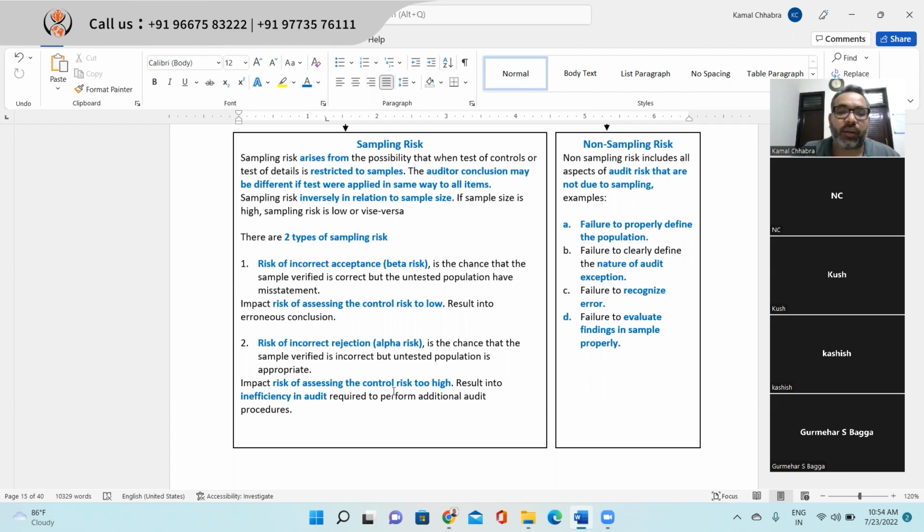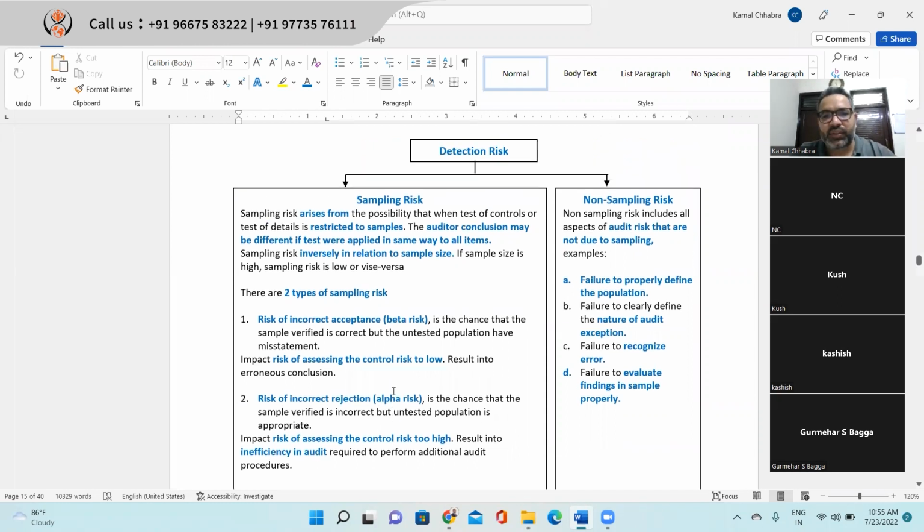So the impact is on the risk of assessing control risk as high. If you are assessing the control risk high, then you will be testing more samples and required to perform additional audit procedures as well. So that makes your audit inefficient sometimes. Make sense? Sampling risk and non-sampling risk.